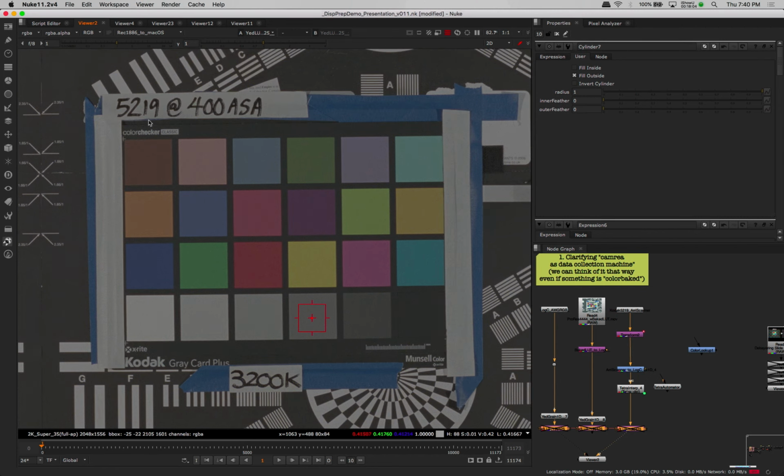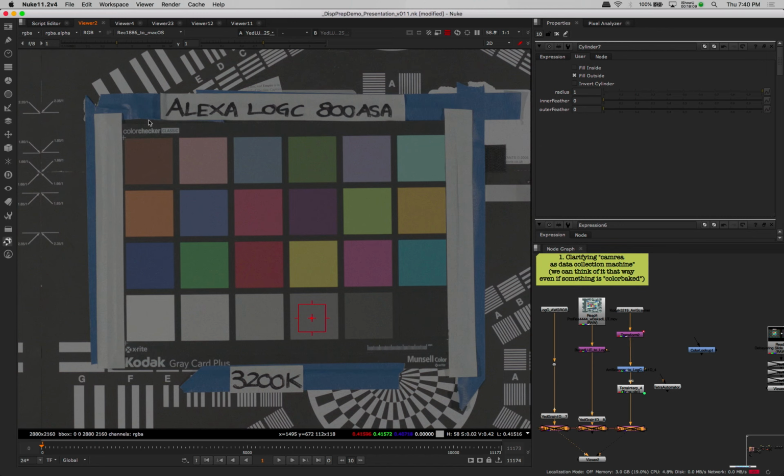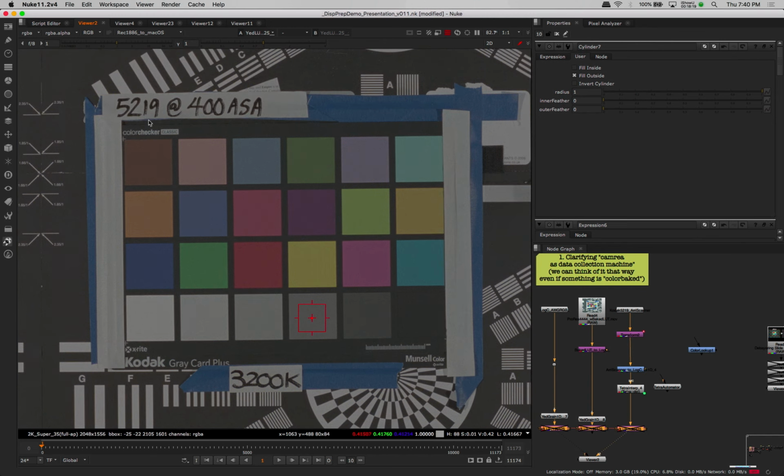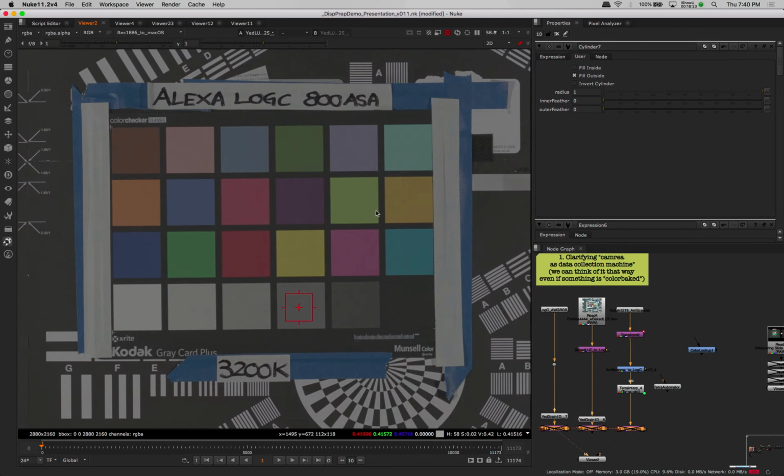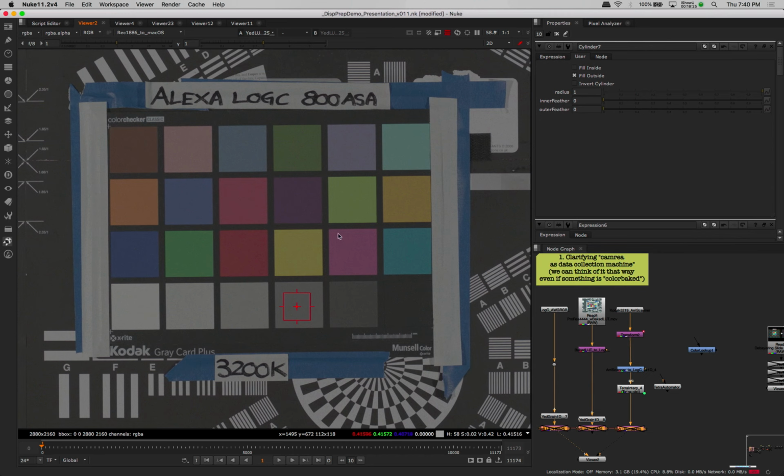Obviously, my whole point here is that these cameras are fairly interchangeable for the purposes of the photographic look. I'm not saying they're all the same as each other in other ways. For the purposes of the photographic look, they're all pretty interchangeable. So this just happens to be the Alexa. It could be a Red camera, Sony, any number of them.